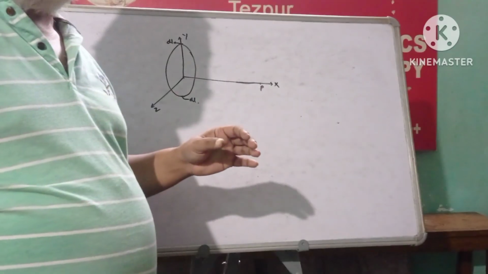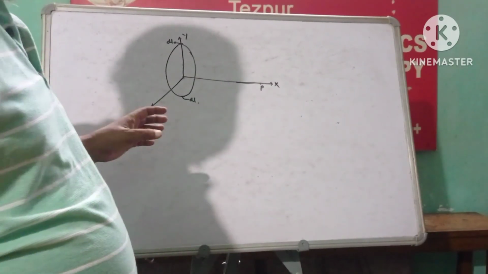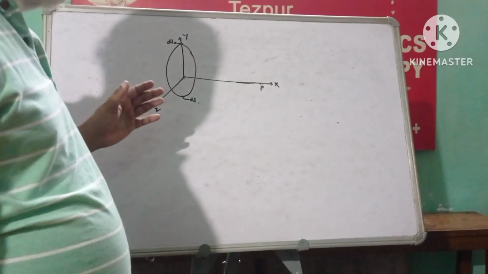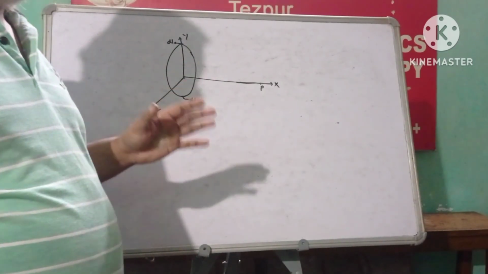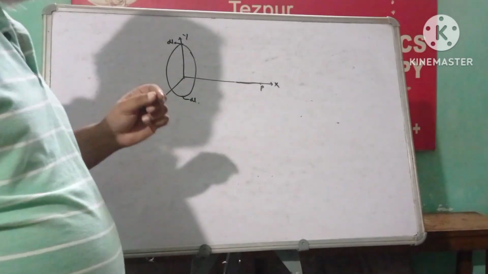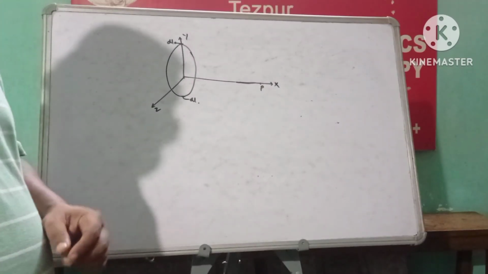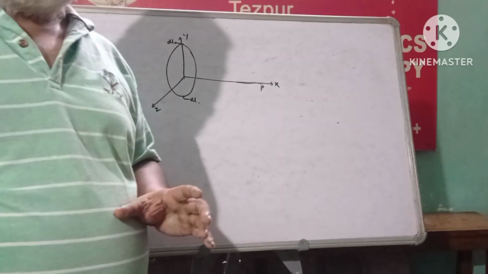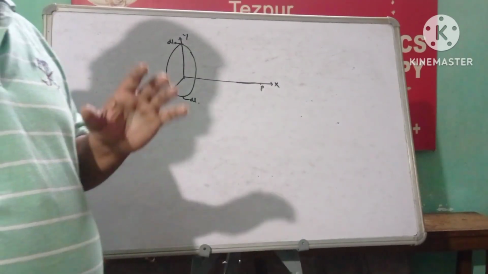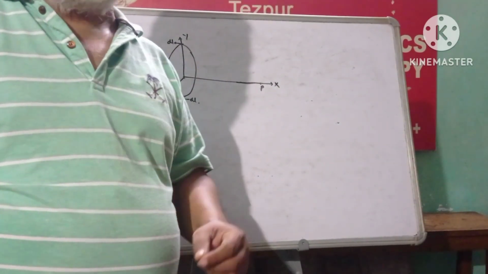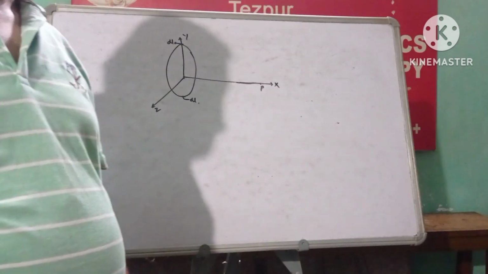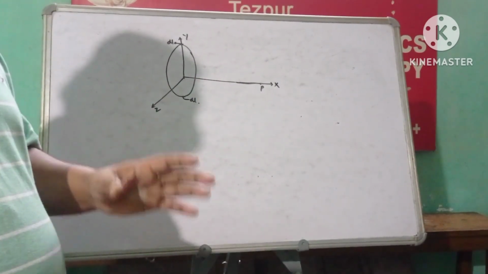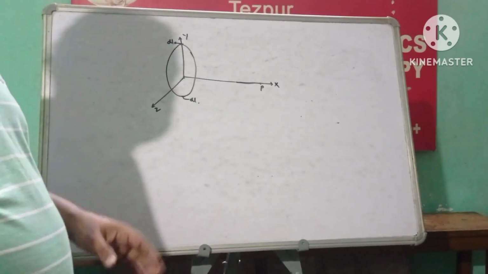So it will always be in 3D, and there will be different planes. This is the main base concept: whatever be the formula, if it involves magnetic field, then it will always be a cross product, and for a cross product we require different planes. This is the main base.